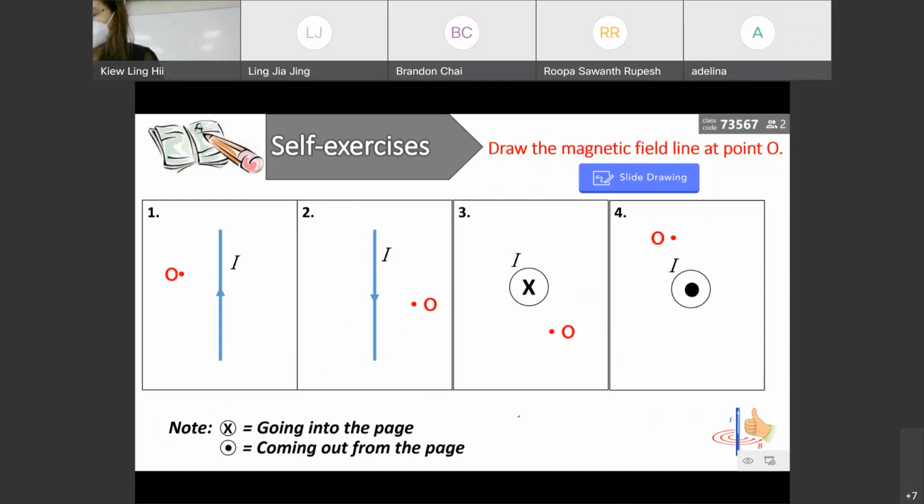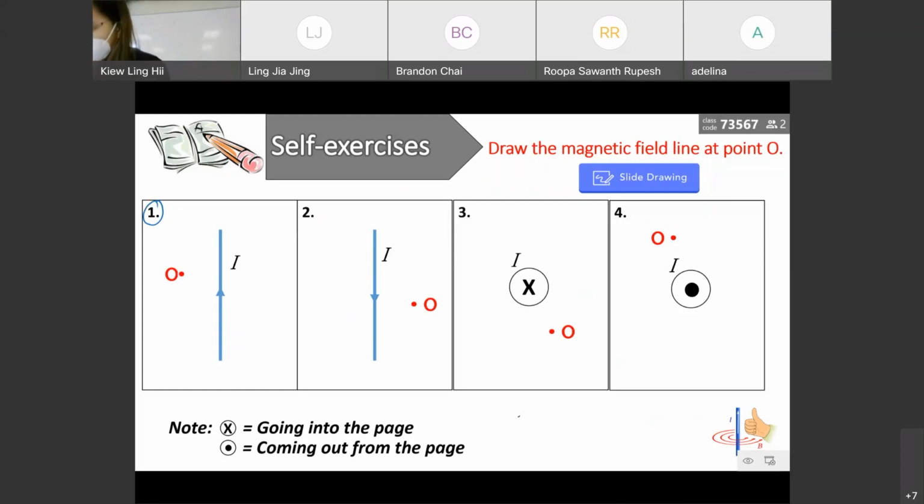I will do question 1 with you. Questions 2, 3, 4, I want you to try. Question 1, your current is going upwards, so the magnetic field is coming out from the left-hand side, going into the right-hand side.